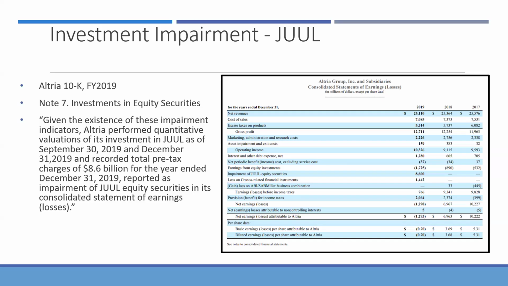And they determined that because the future prospects of the business were so grim, the value had dropped significantly, and they needed to record an 8.6 billion impairment, which was much more than the value of their profits every year even. And so then they had impairment of Juul as a line specifically called out on their income statement because it was that catastrophic, really. Like their usual net income was 6 to 10 billion, and then they have an $8.5 billion charge on this investment.